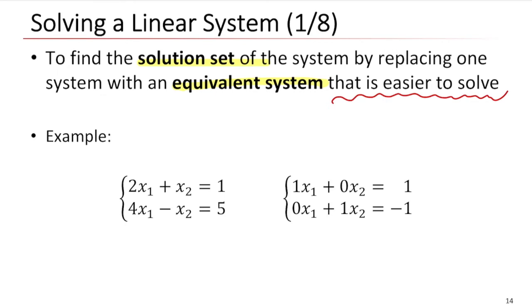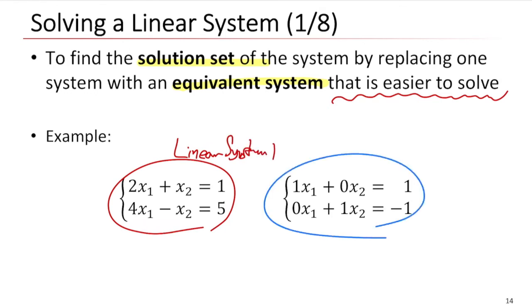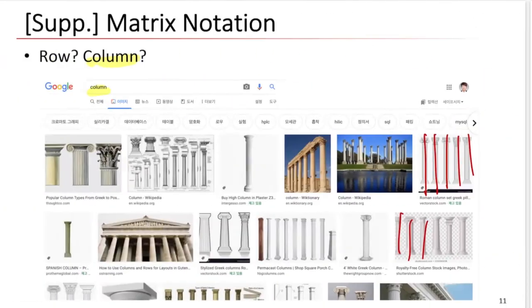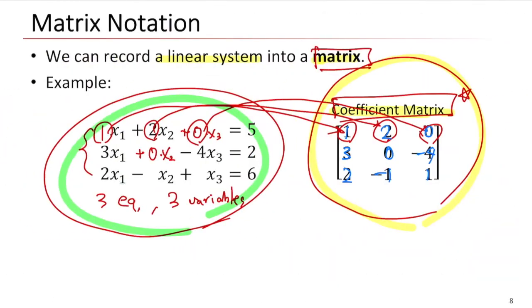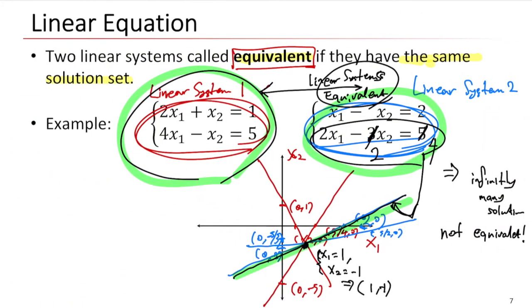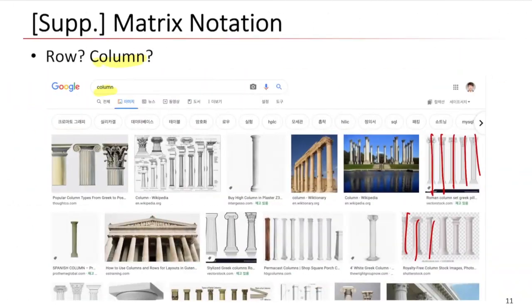Here are two linear systems, linear system 1 and linear system 2. If you remember correctly, where was that? Yeah, here. It has a solution of 1, -1, right?